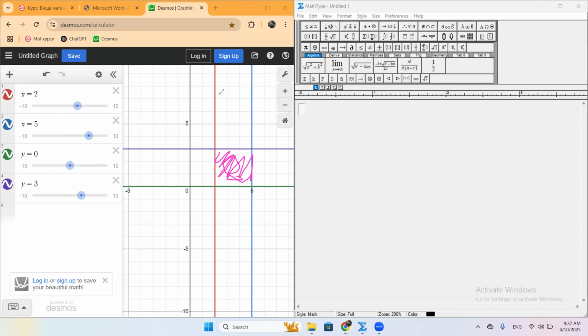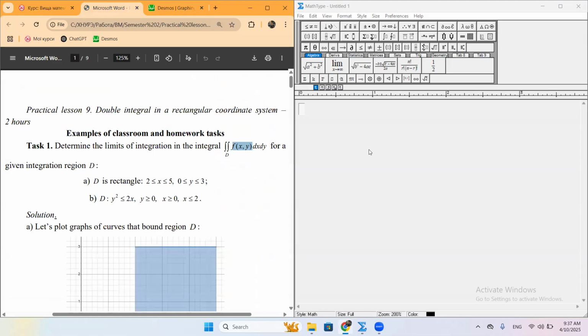And we need to define limits of integration. This is the easiest case, when we integrate over a rectangle. Let's determine limits of integration.